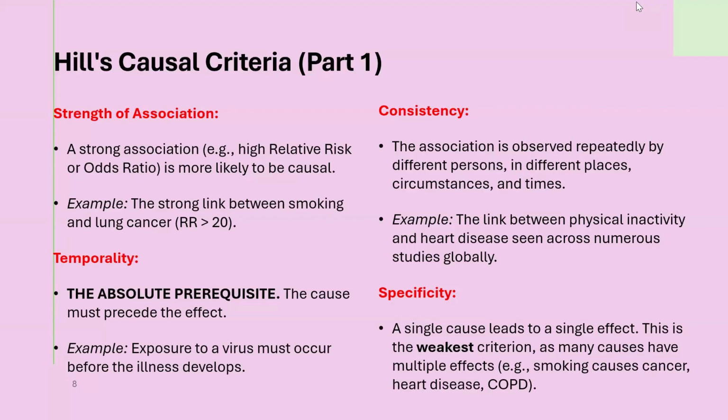Okay. The third criteria that Hill came up with was consistency. And consistency here means that in different conditions or in different persons, you must be able to identify that same pattern.